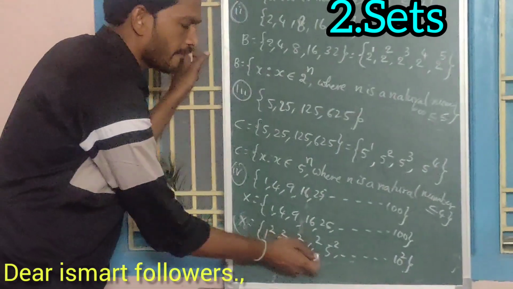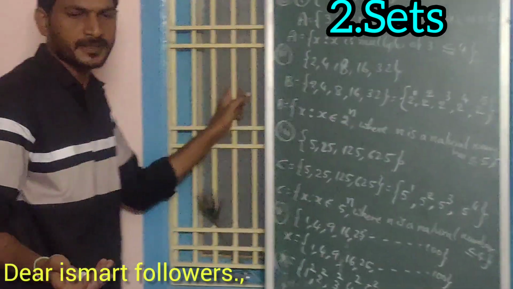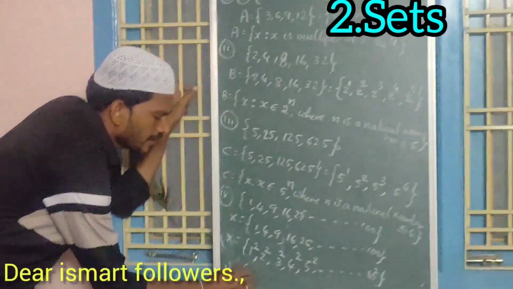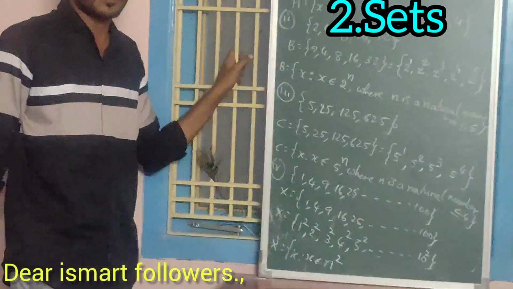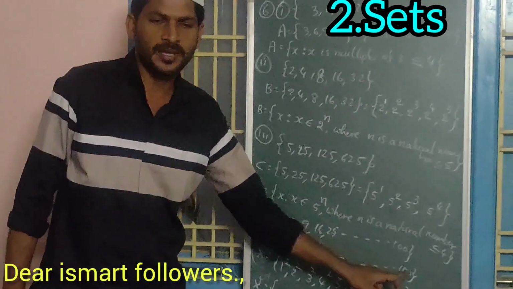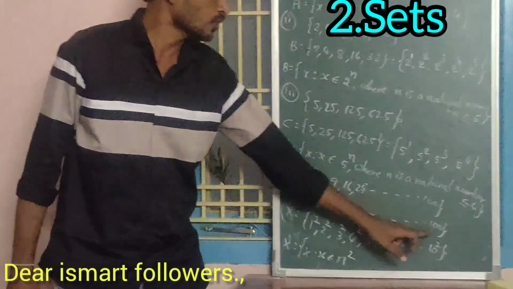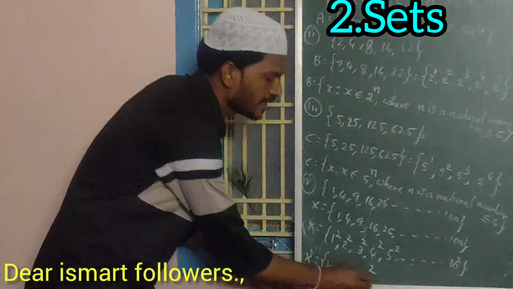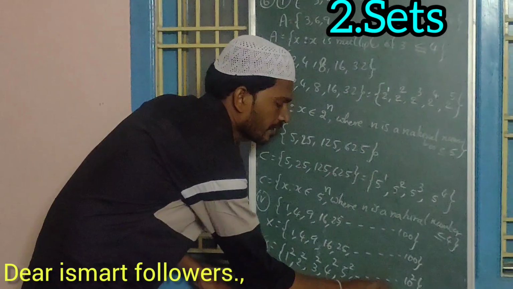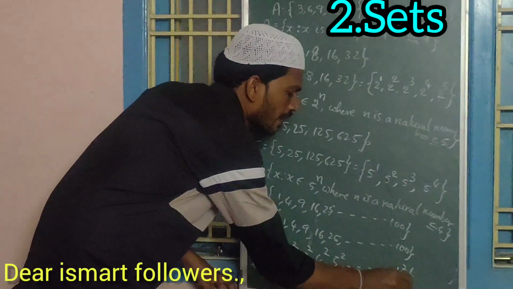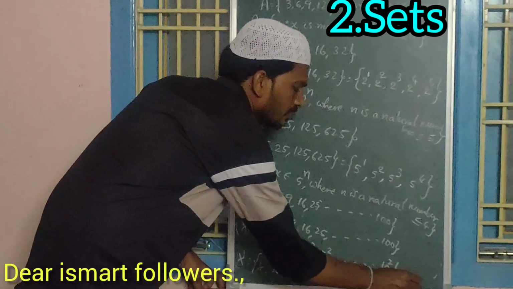So 1, 2, 3, 4, 5 and so on up to 10. Which numbers? So X is equal to X such that X belongs to n square, where n is a natural number less than or equal to 10. The exponents are the same here, all are squares, that's why n square.